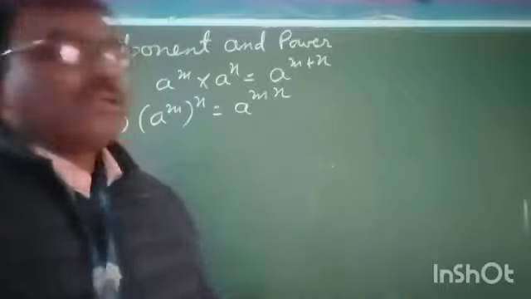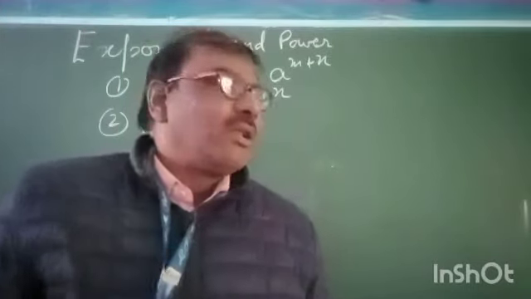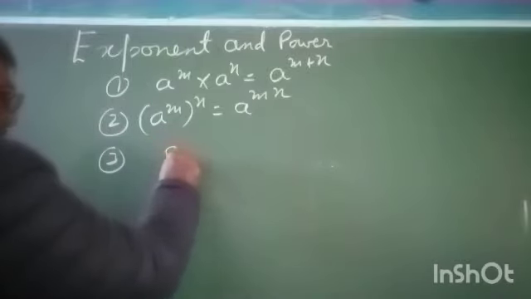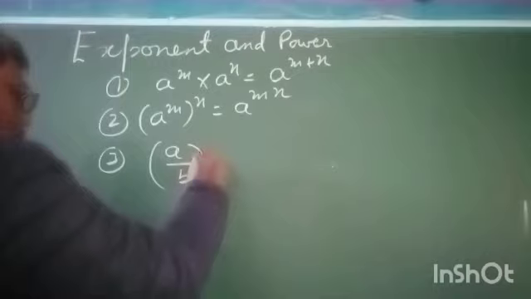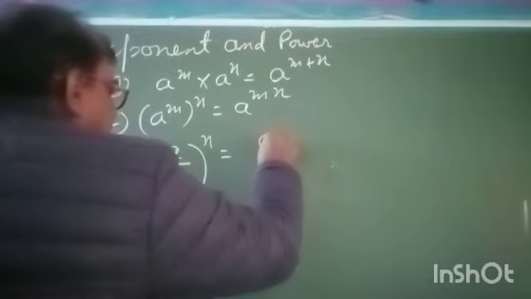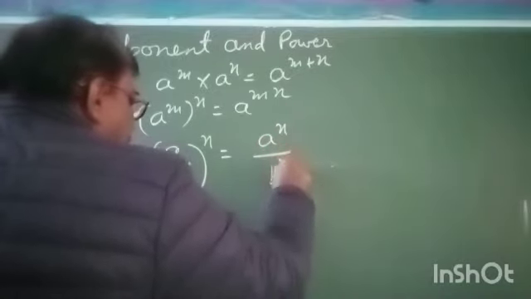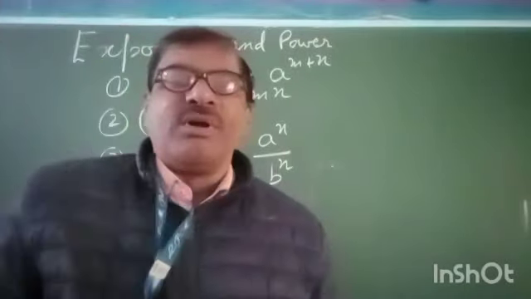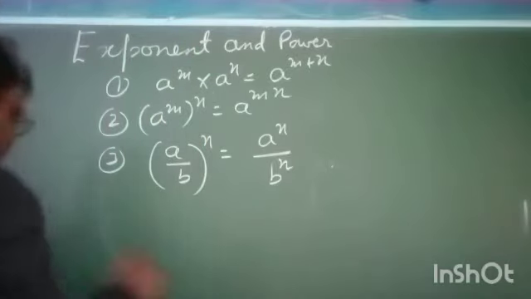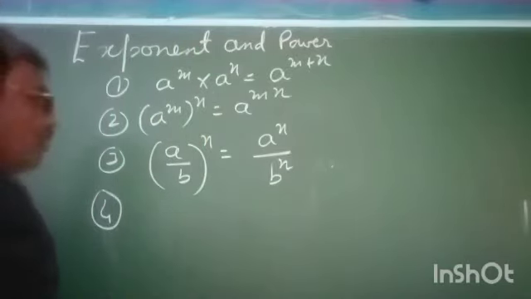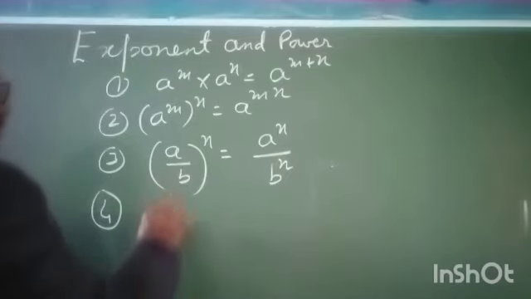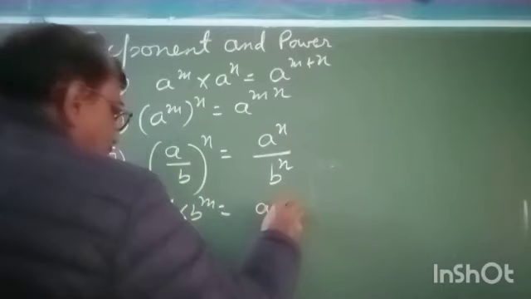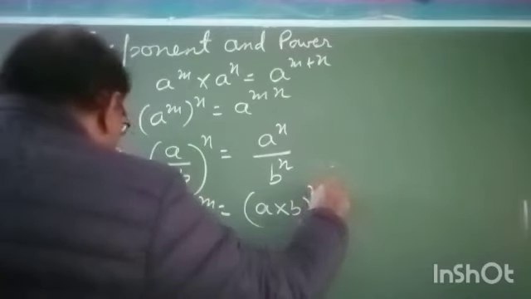Dear student, I hope these two laws are clear to you. Now the next law is a upon b whole to the power n equals a to the power n upon b to the power n. This is the third law of exponent. Fourth is a to the power m multiplied by b to the power m equals a multiplied by b whole to the power m.